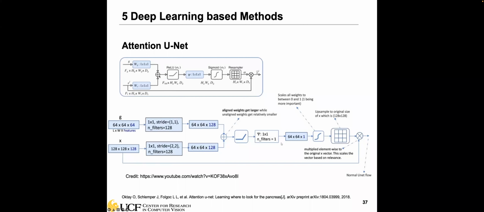When you do the element-wise summation, we have to make sure the dimensions match. So I'll take this 1-by-1 convolution with a stride of 2 to reduce the dimension so we are able to do the summation. The purpose of the summation is that aligned weights can get larger. If the information from the previous layer gets aligned with the current layer, the weights will get larger because you do the summation.